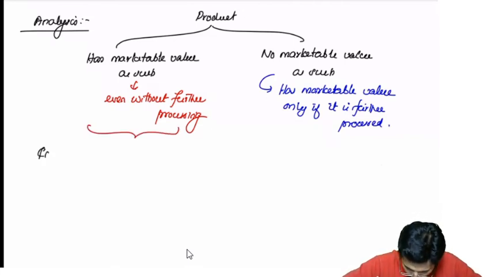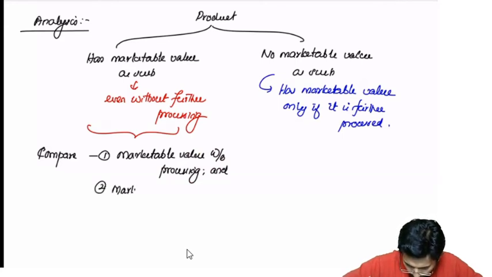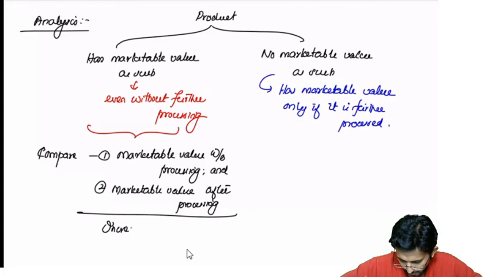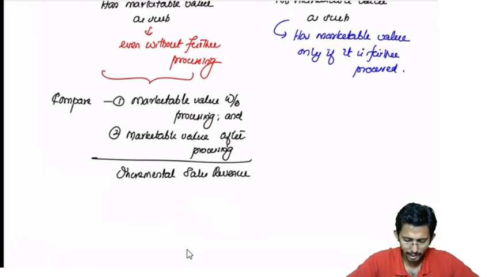You compare the marketable value without processing with the marketable value of the output after processing.